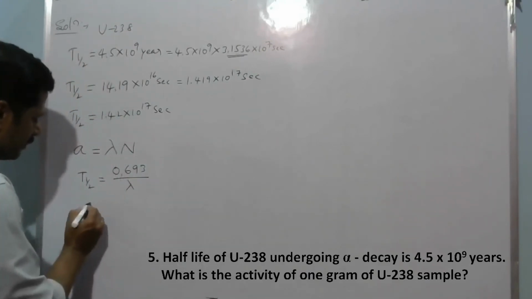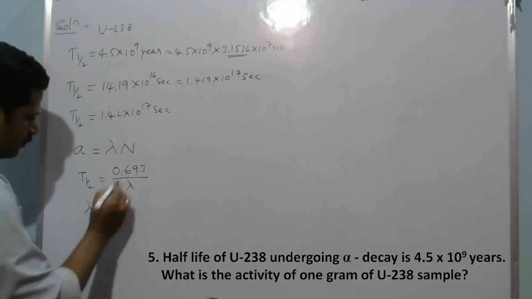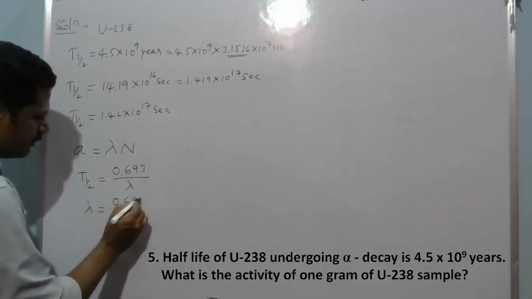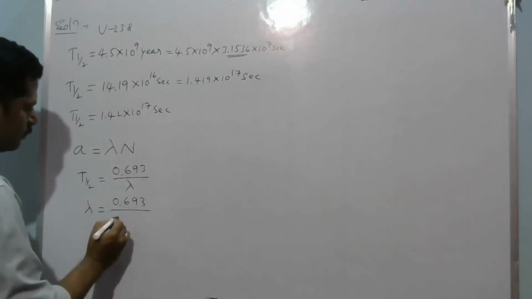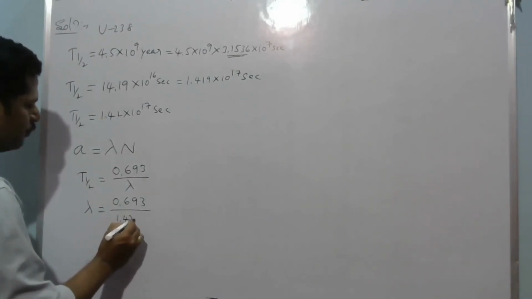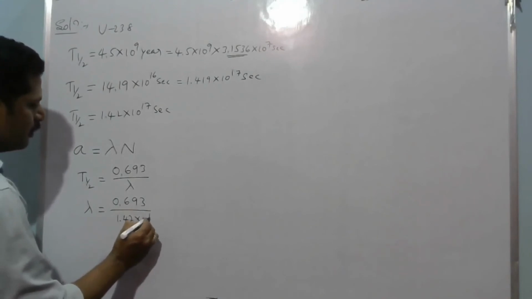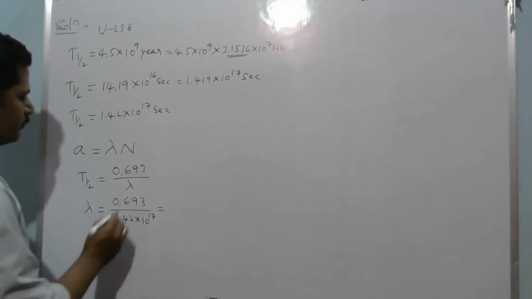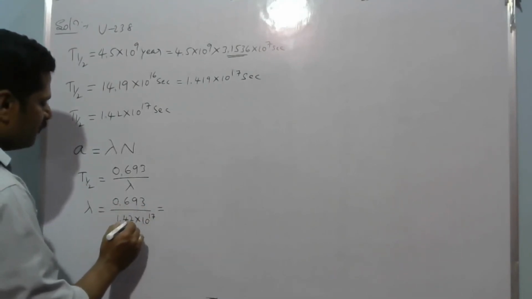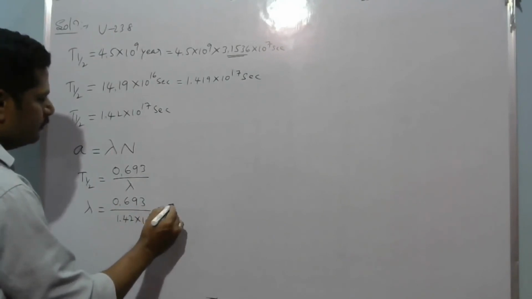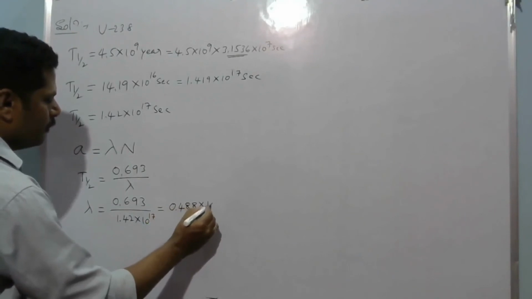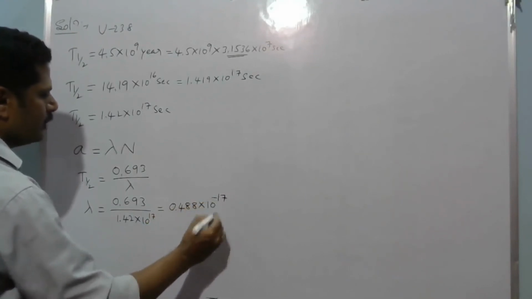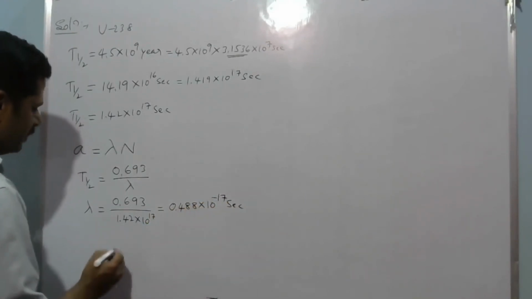Now lambda is equal to 0.693 divided by T half, which here is 1.42 into 10 to the power 17. So 0.693 divided by 1.42 is equal to 0.488 into 10 to the power minus 17 per second.